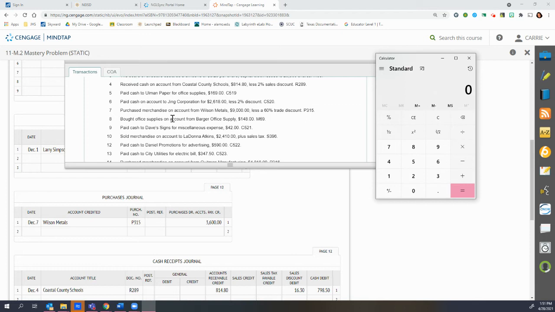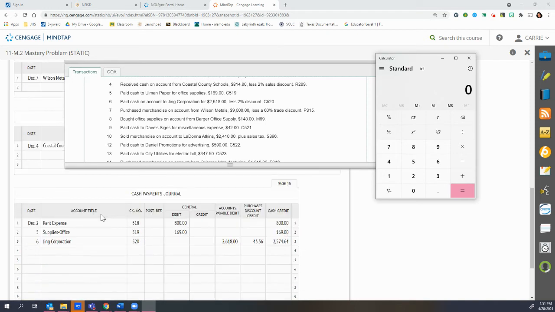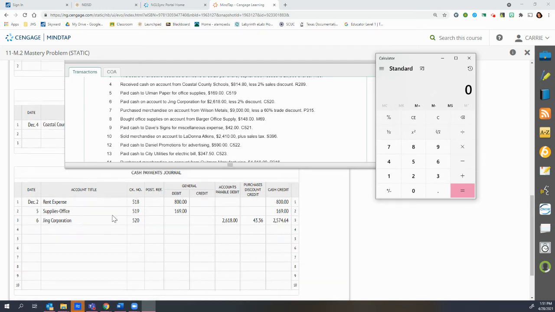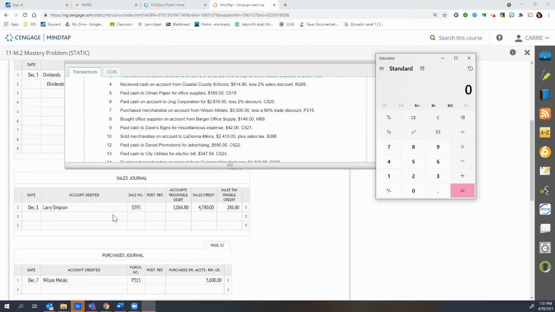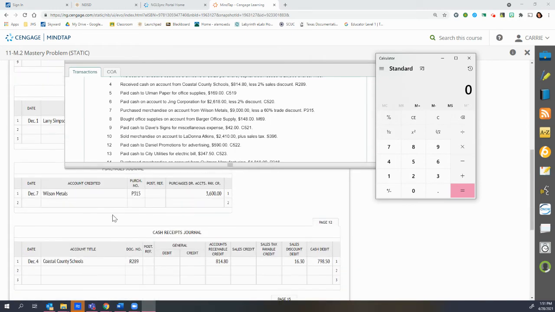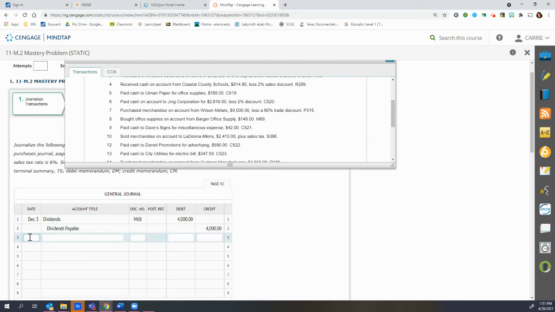We bought office supplies on account. Office supplies on account. Okay, it's going to have to be in our general ledger or general journal.